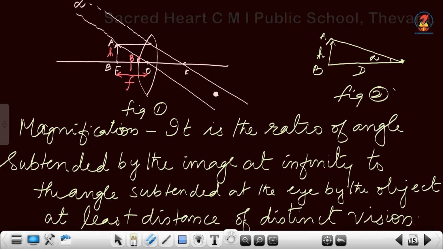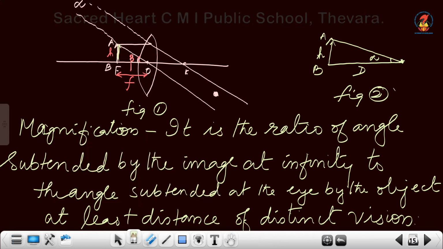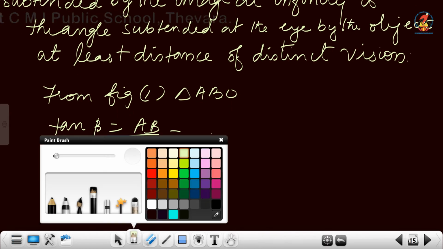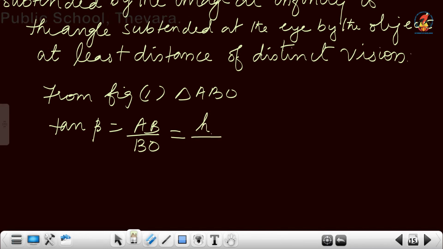AB is the height of the object, and BO is the focal length. So we can write this as h divided by f. This is equation 1.